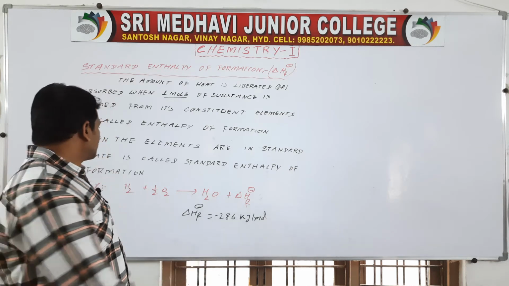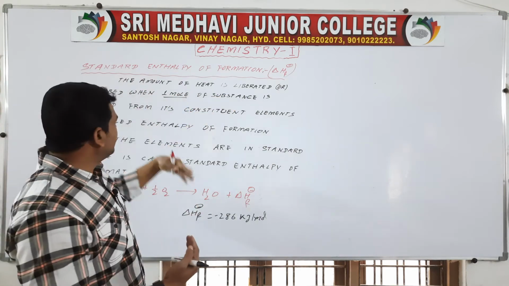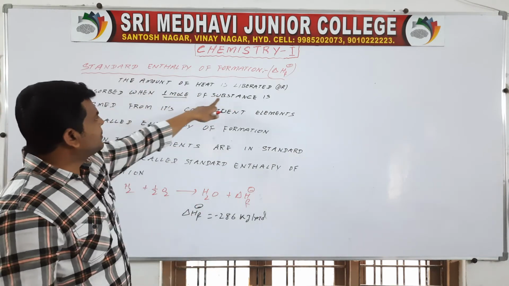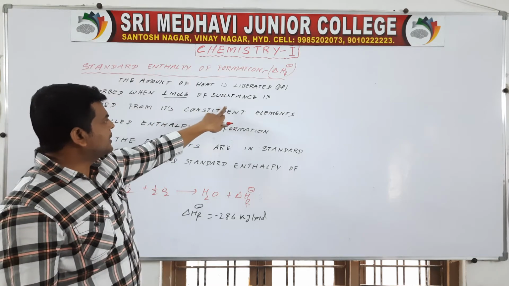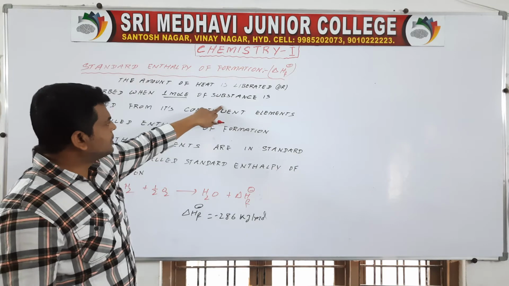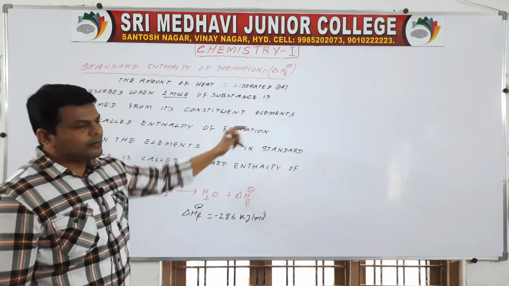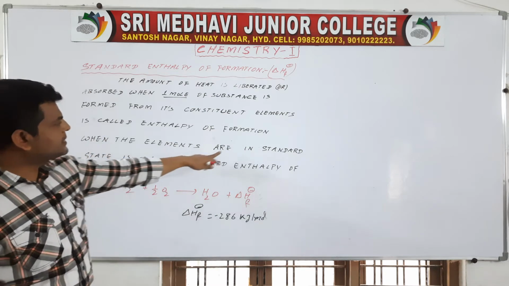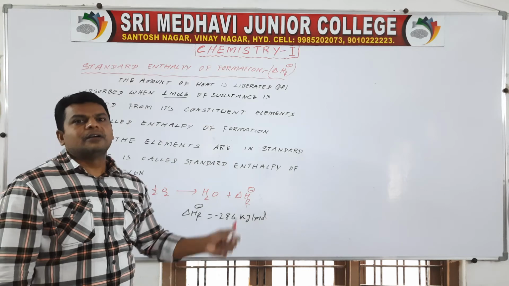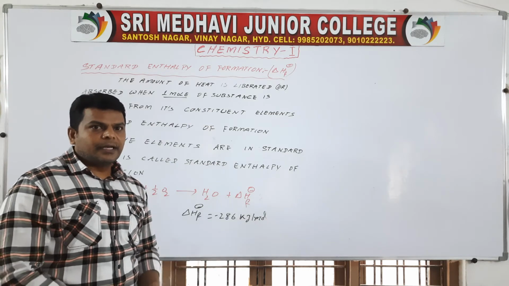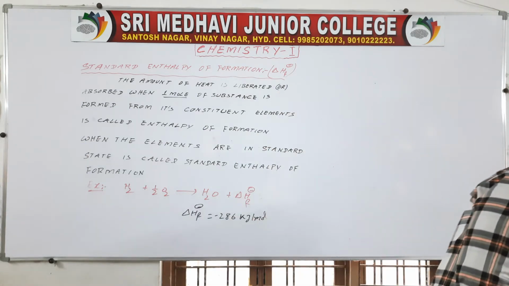Understand? The amount of heat liberated or absorbed when 1 mole of substance is formed from its constituent elements is called enthalpy of formation, but when the elements are in standard state, it is called standard enthalpy of formation.